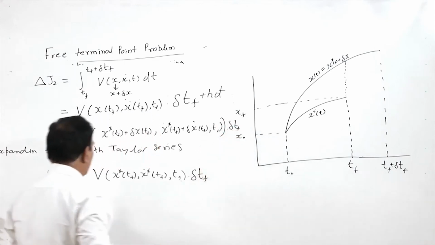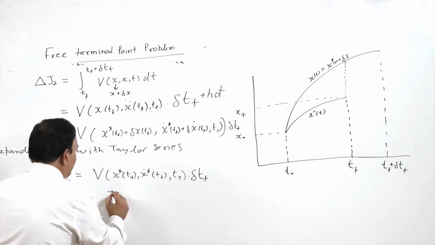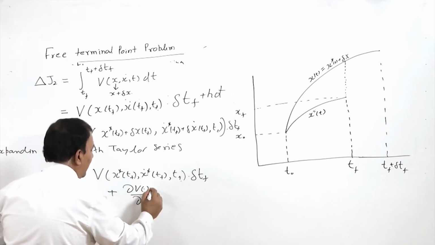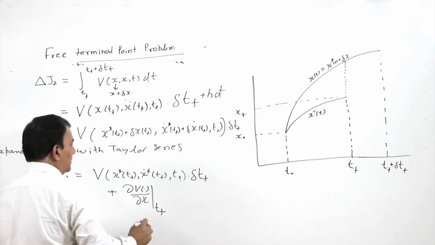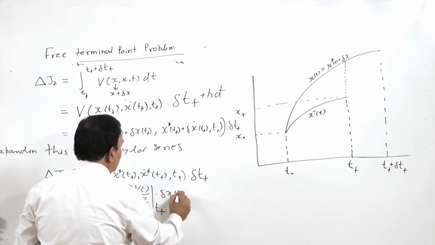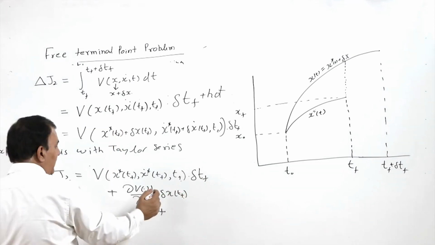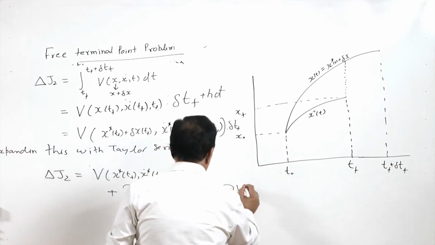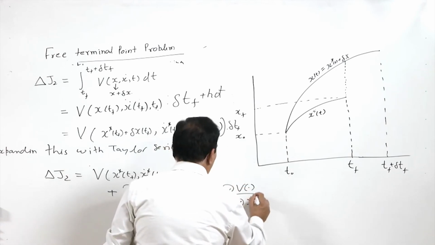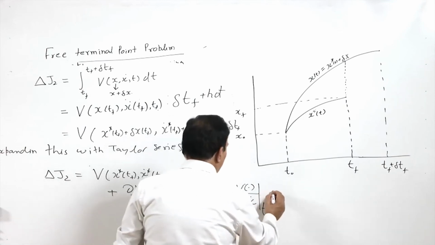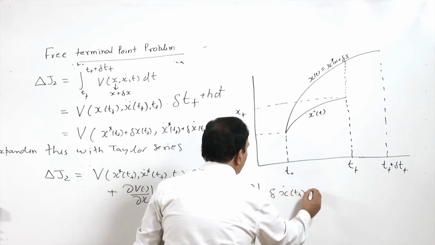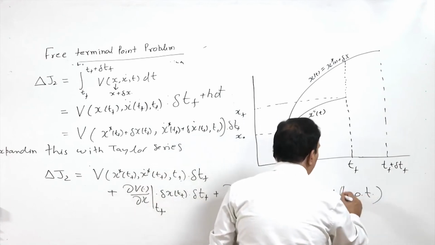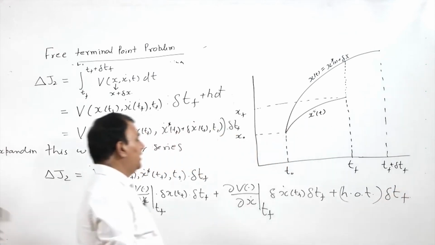So, this is the first term, plus del V by del x evaluated at the Tf point into delta x of Tf multiplied with delta Tf, plus del V by del x dot evaluated at the Tf point, delta x dot of Tf, delta Tf, plus higher order terms, multiplied with delta Tf.